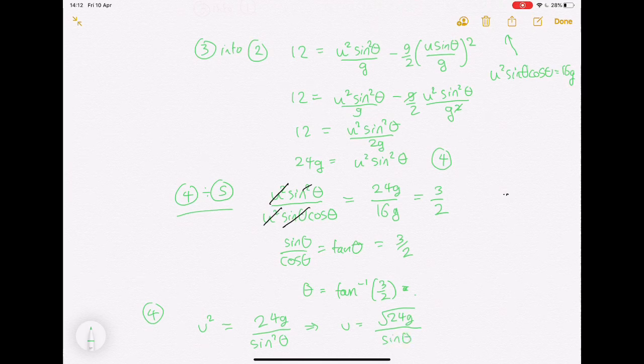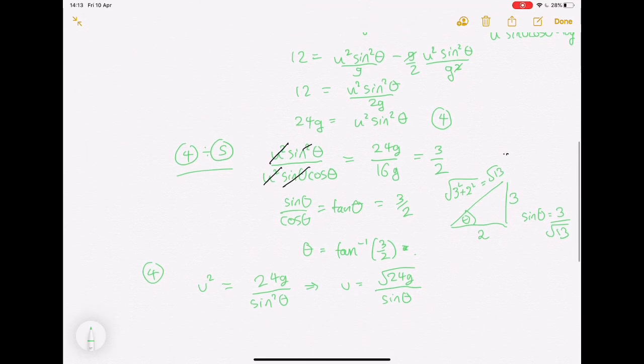We can work out sine theta exactly, because if we take a right angle triangle with an angle of theta here, and we know that tan of the angle is 3 over 2, we can consider the opposite being 3 and the adjacent being 2. By Pythagoras' theorem, the hypotenuse is the square root of 3 squared plus 2 squared, which is root 13. So sine theta is the opposite over the hypotenuse, which is 3 over root 13.